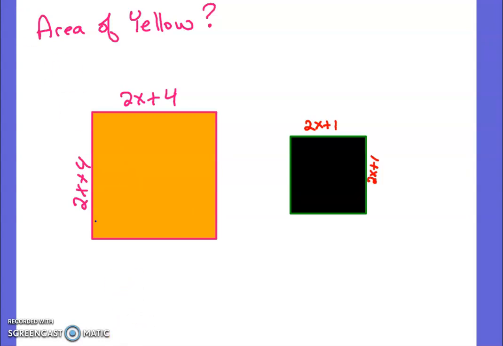So let's look at it. This box is literally, remember how to find the area of a square or rectangle, you take length times width. So it's 2x plus 4, and it's being squared. Let me do it the exact same way we did a minute ago.